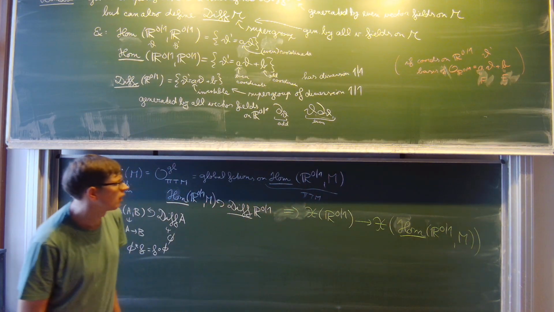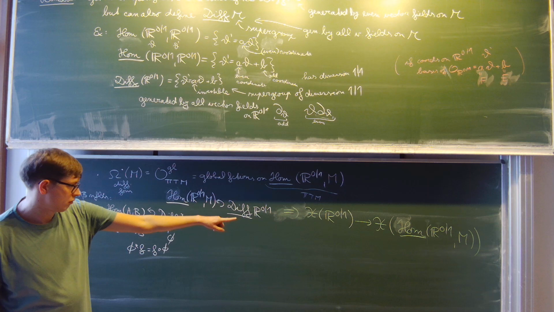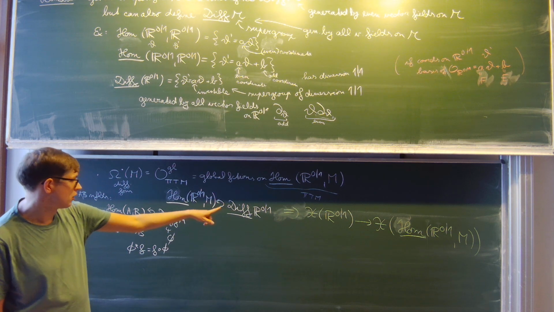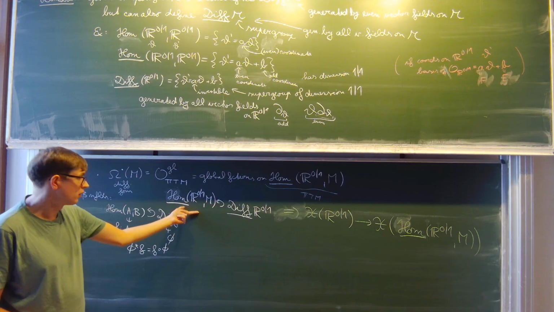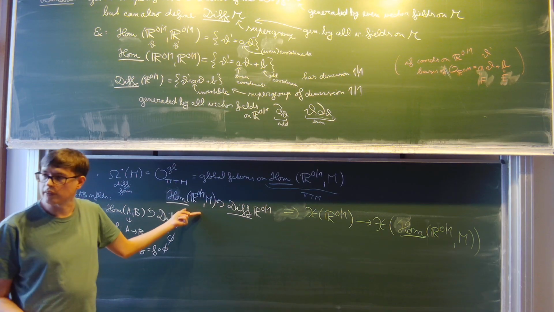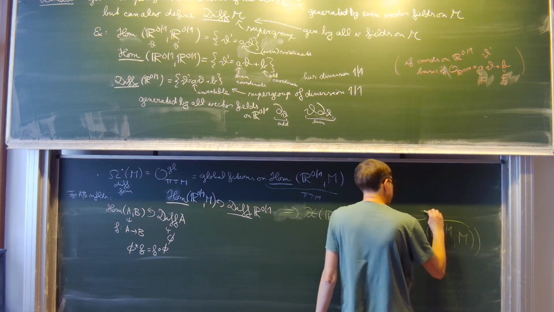Did I write it correctly? If you have an action, the generators of that, there should be a homomorphism from that to vector fields. Yes, it's right. And this thing, remember, is just differential forms.